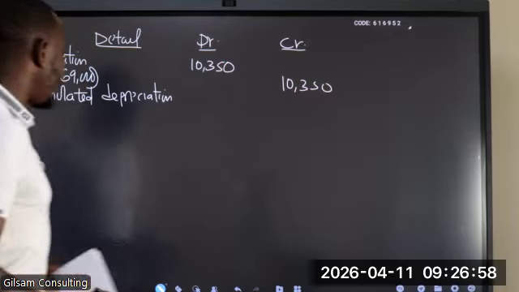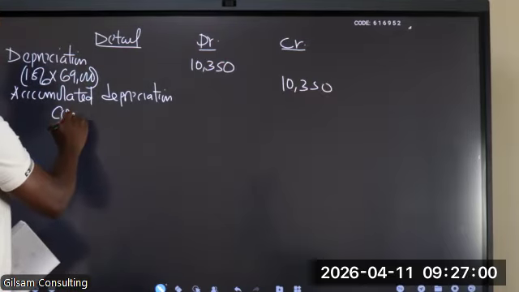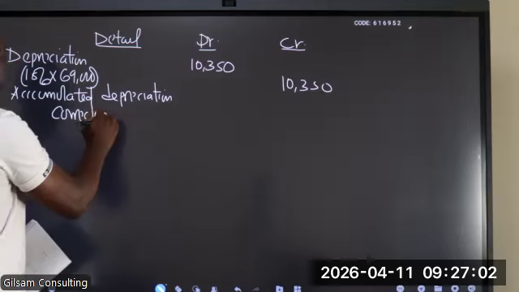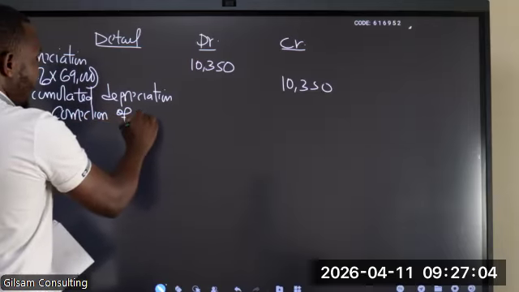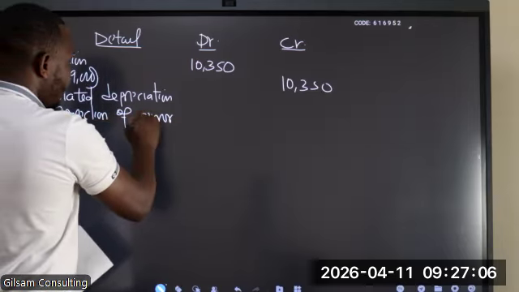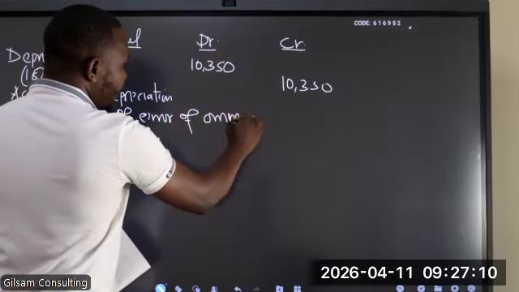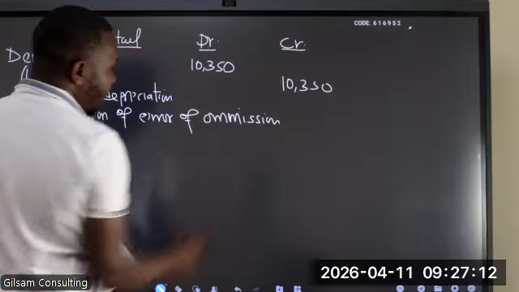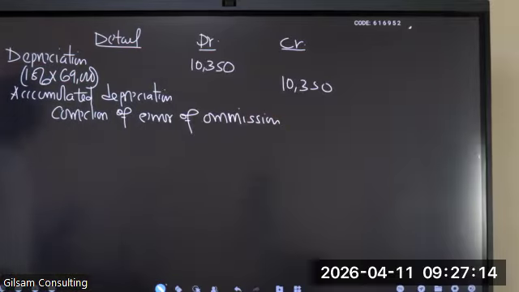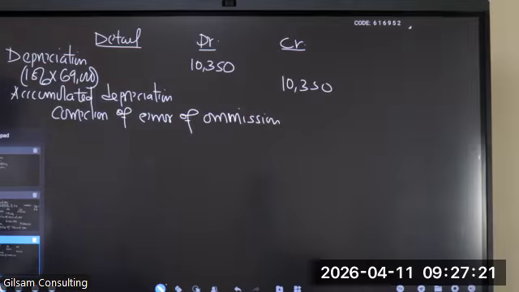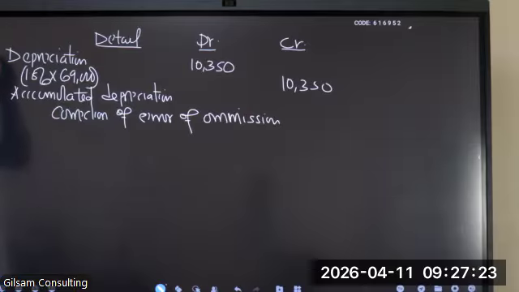Then to say correction of error of omission. Omission is double M. So this was number 3.